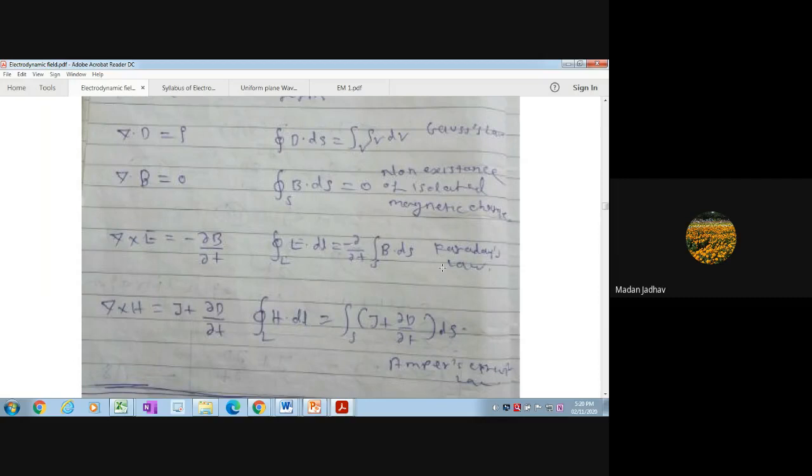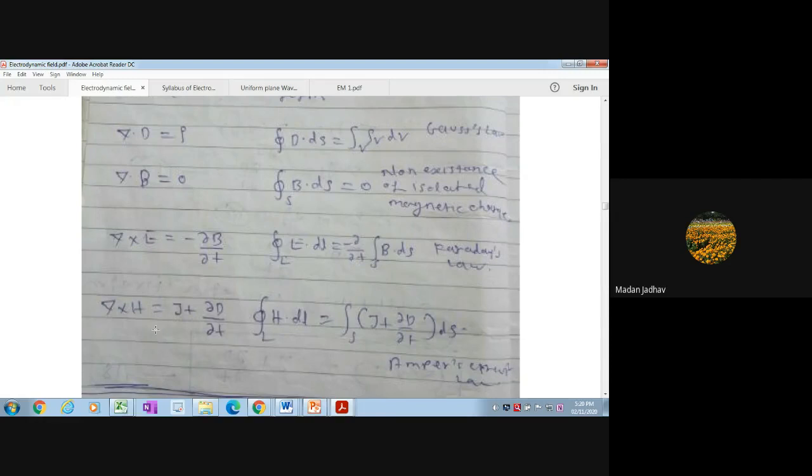Then another equation, curl of H is equal to J plus ∂D/∂t. When you take the curl of the magnetic field intensity, that is the line integral over a closed loop as the area tends to 0, it is the same as the sum of conduction current density and displacement current density.